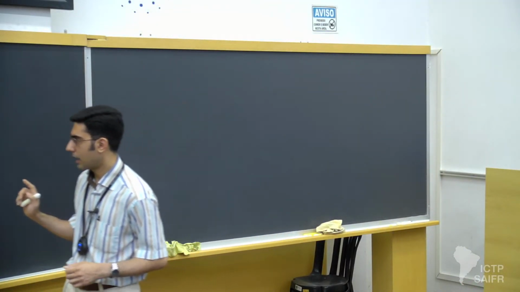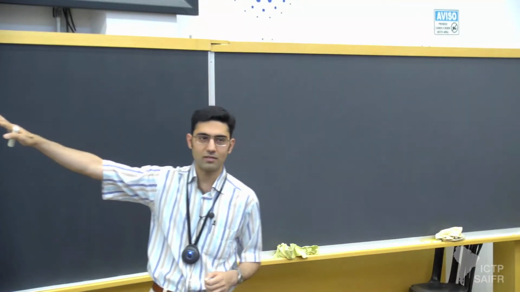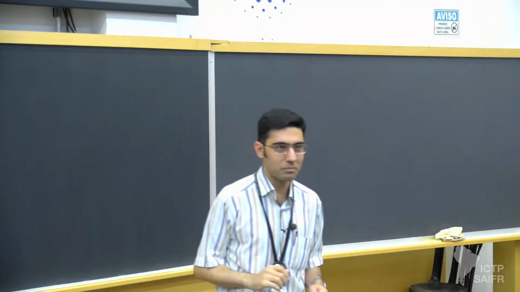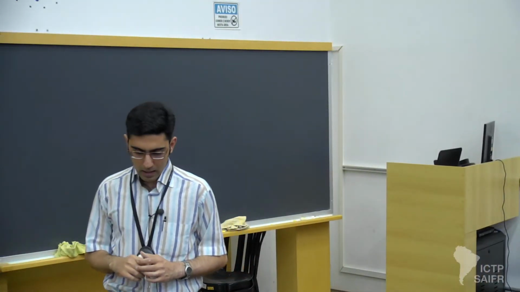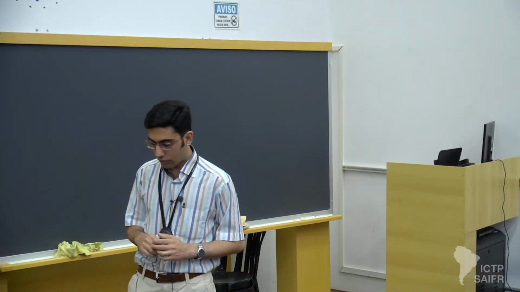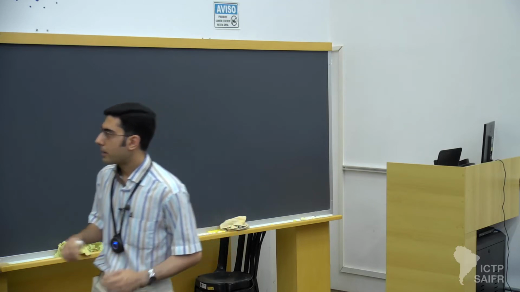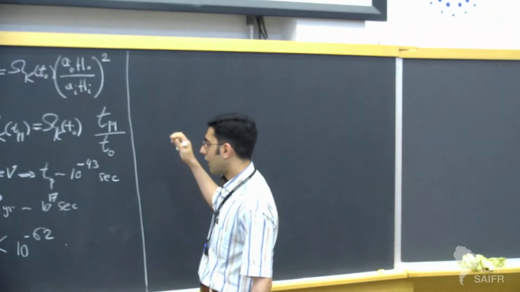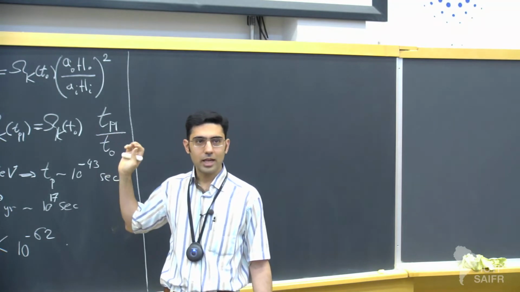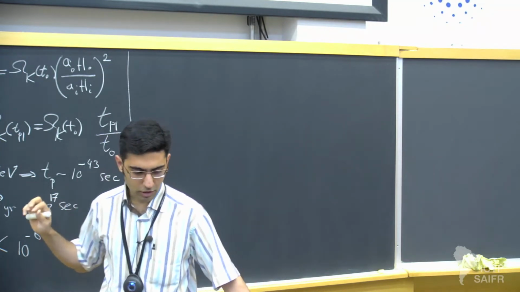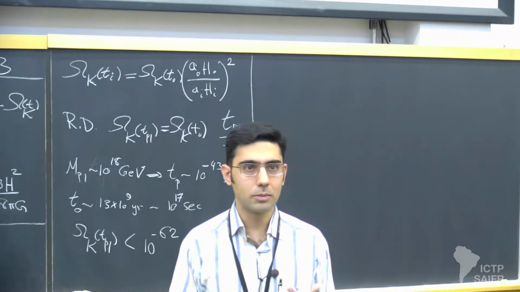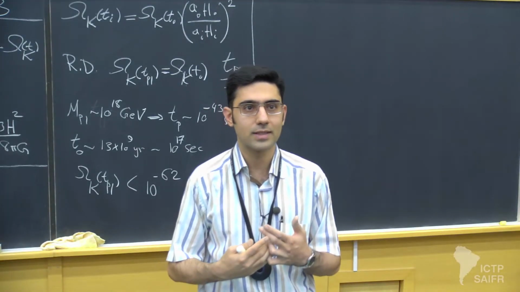Yeah, but it's true that was a very simple model for the pressure, for the equation of state. Maybe one other way of phrasing the problem is that you can probably play with different equations of state.